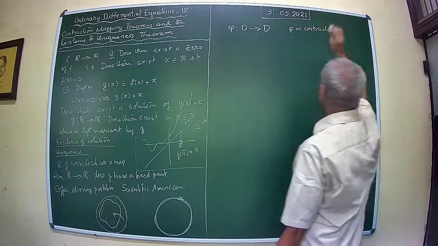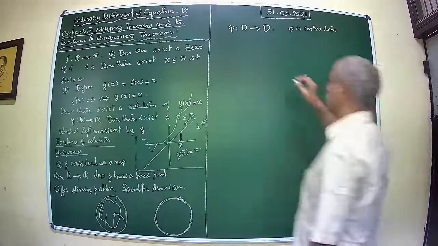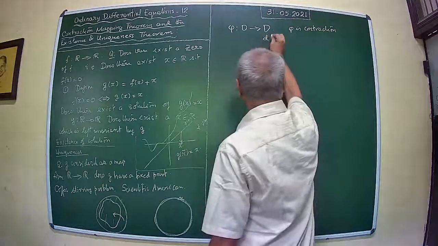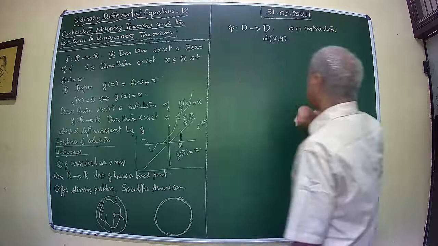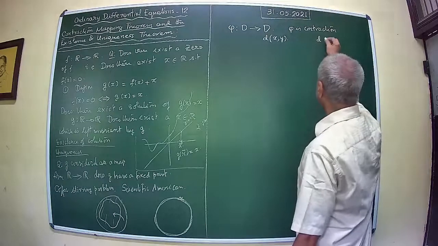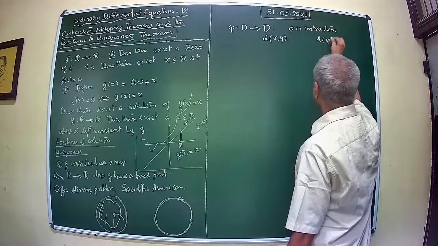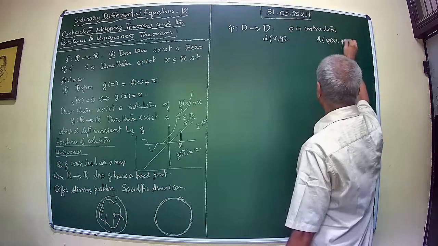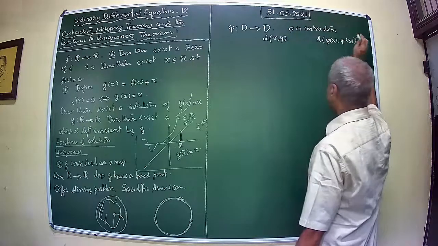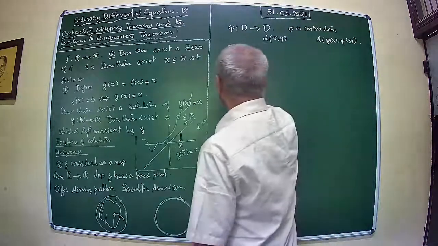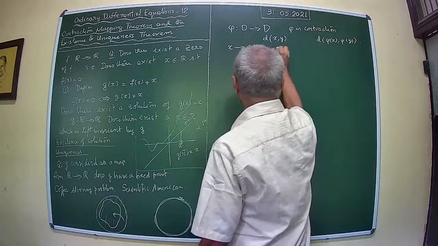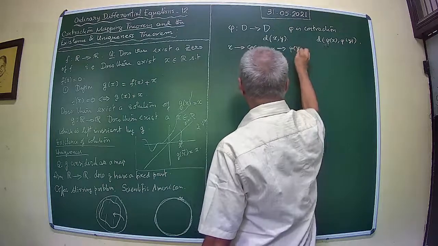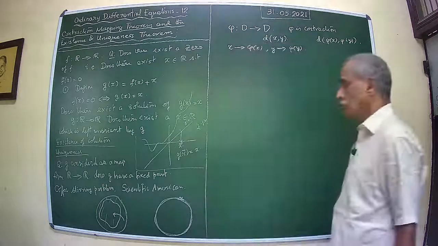Phi is a contraction means what? If you take two points x and y, there is a distance between them, and then there is a distance between phi x and phi y, that is the images of those. So x goes to phi x, y goes to phi y.